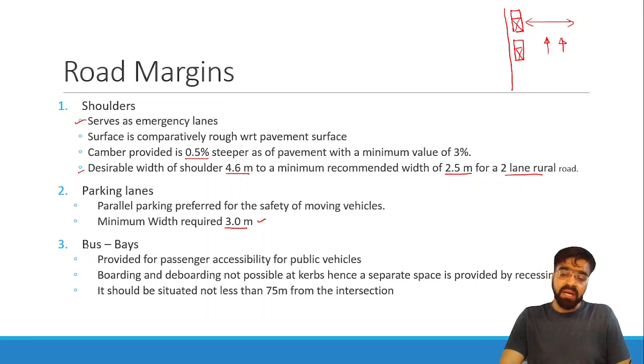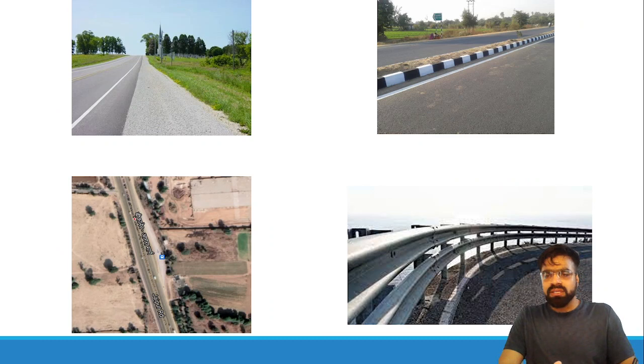Then another very important space provided is bus bays. What are bus bays? Let's look into a diagram. You can see this diagram, the third one. You can have a look at this highway. This is Jaipur Road or Bikaner Highway.